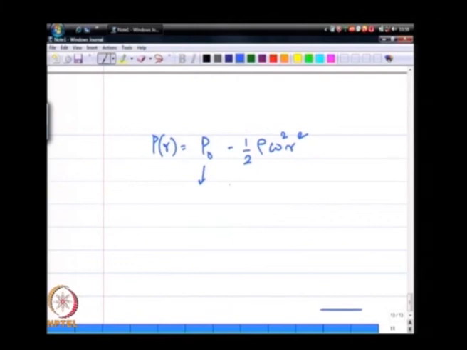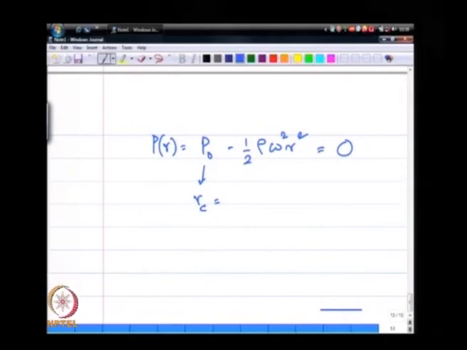So, I can find a particular value of r where this is equal to 0. If the pressure at the center line is given, I can find a radial cutoff point at which the pressure is equal to the atmospheric pressure.